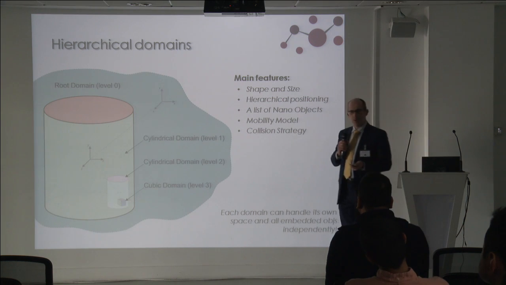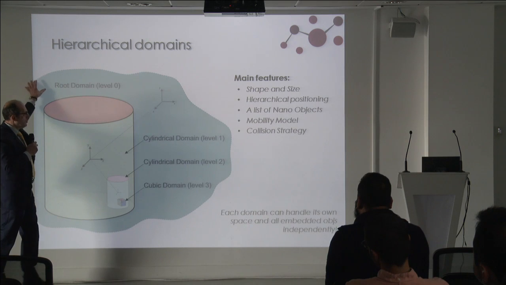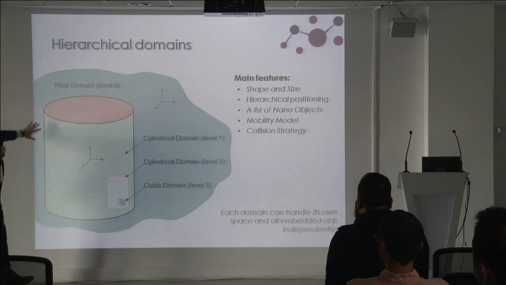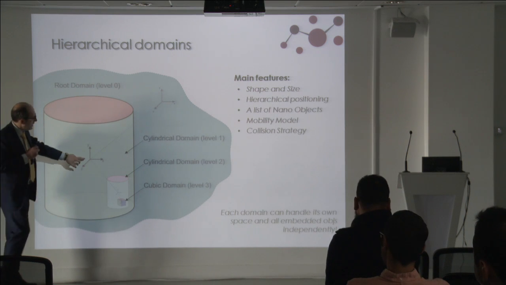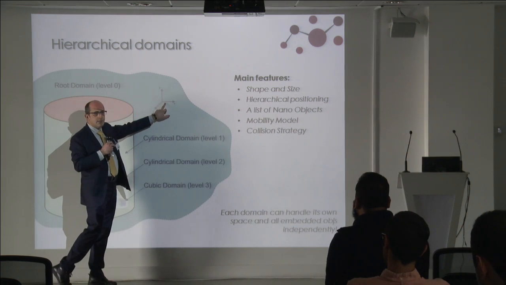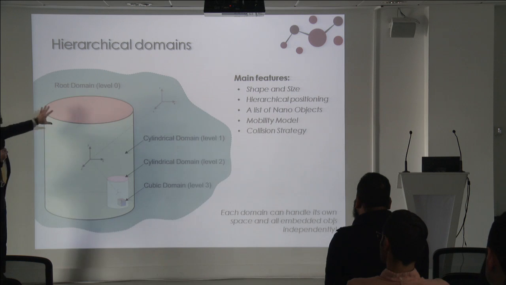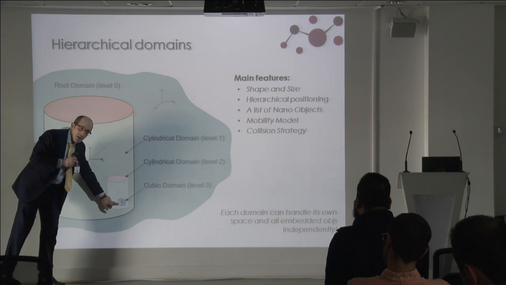So this is an example of the root domain, the universe, level 0. Then we have the level 1 domain. It is a cylinder. Each domain has its own coordinate system. We have a cylinder, within the cylinder another cylinder, and within this cylinder a cube.